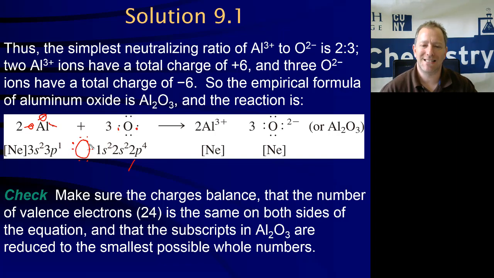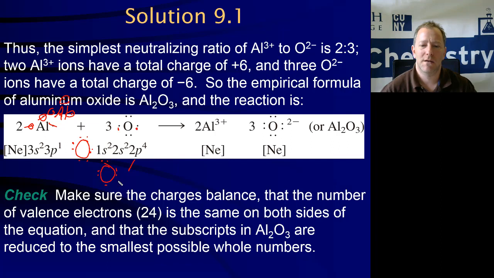Well, now this oxygen only has 7. That's not stable. So we need another aluminum with 3 dots. That's where the second one is coming from, okay? So we'll get rid of this electron and give it to that oxygen. Well, now it's done. But aluminum still has 2 dots left, and that's not stable. So we need another oxygen with 1, 2, 3, 4, 5, 6. So we'll get rid of this dot, give it to the oxygen.